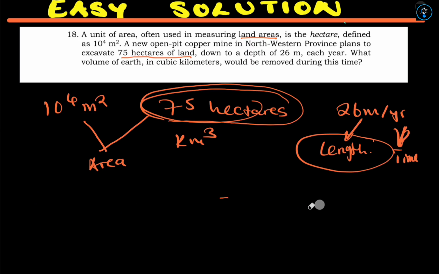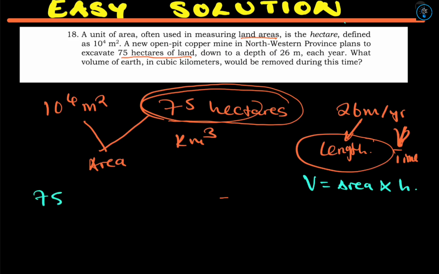So now that we know the formula, we can write it this side. So we are saying volume is equal to area times the depth, the height of the pit. Okay, so we can begin by calculating the area in square meters.